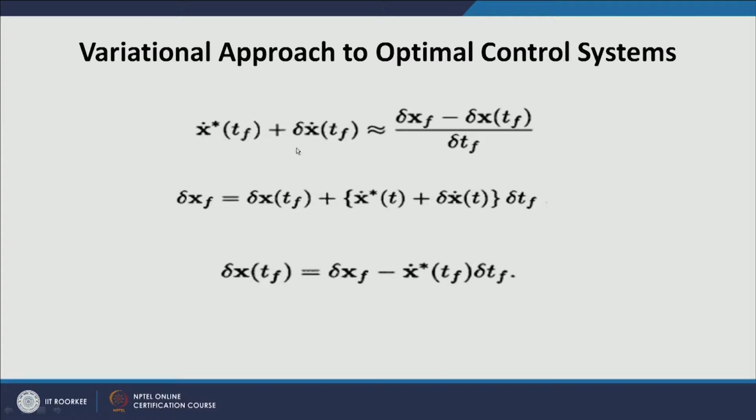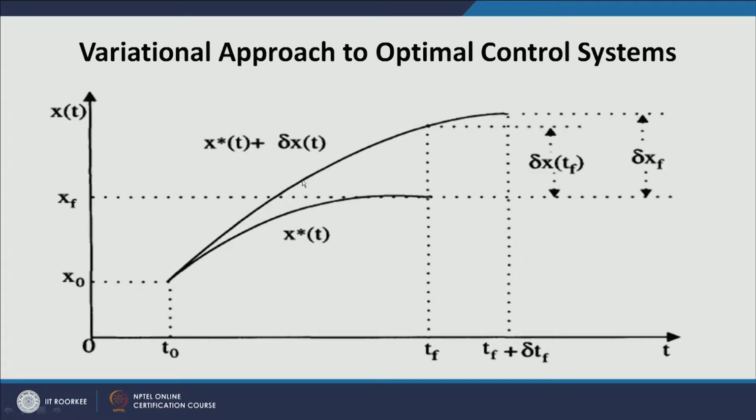I can approximate x dot of tf plus delta x dot of tf as delta xf minus delta x of tf, over delta tf. What is delta x of tf? It is the value of x(t) at the optimal point plus delta x, which is the variation point.